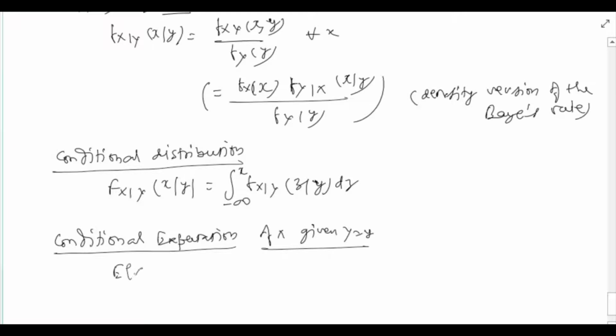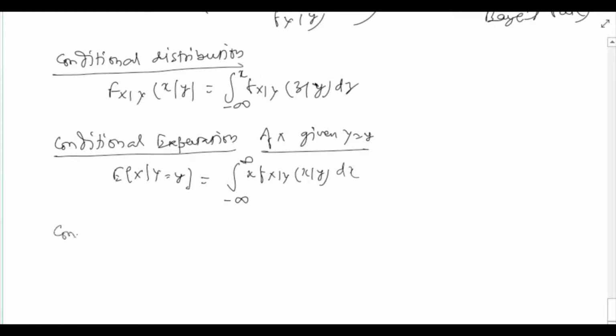This is denoted as expected value of x given y equals small y. This is the expectation of x with respect to the conditional probability density function defined above. That is, it is the integral from minus infinity to infinity of x f x given y, x given y, dx.